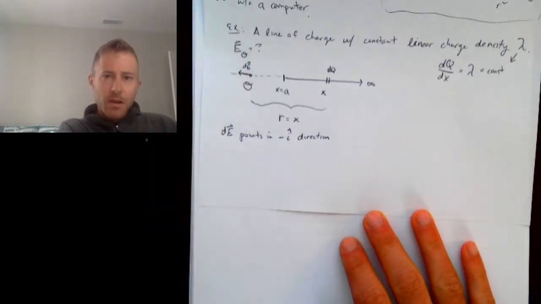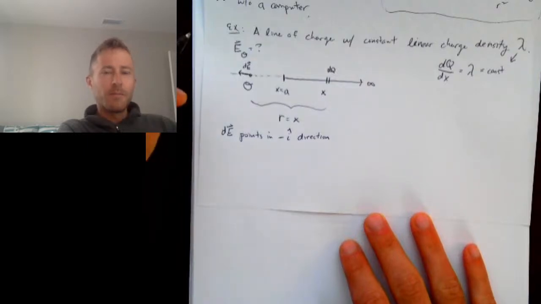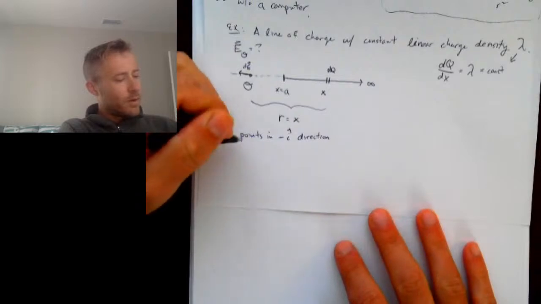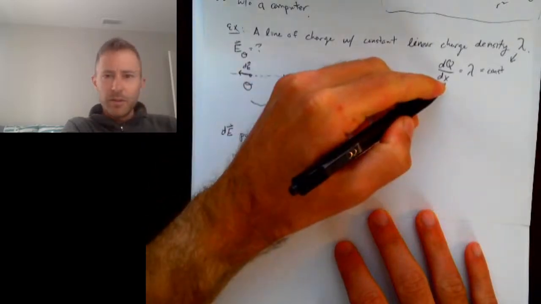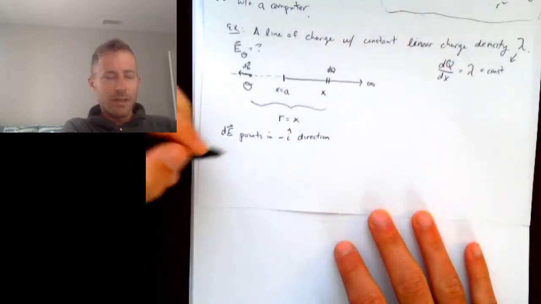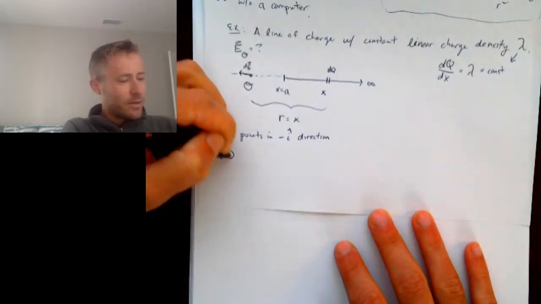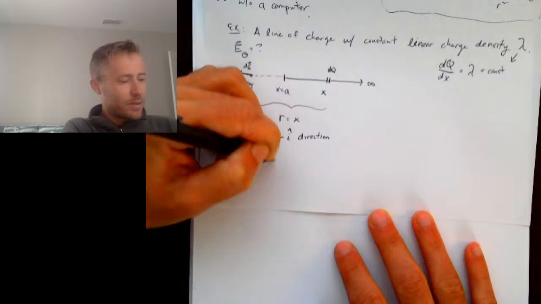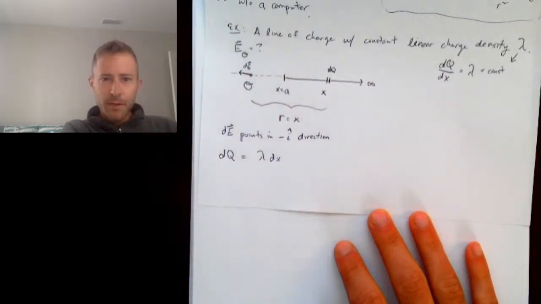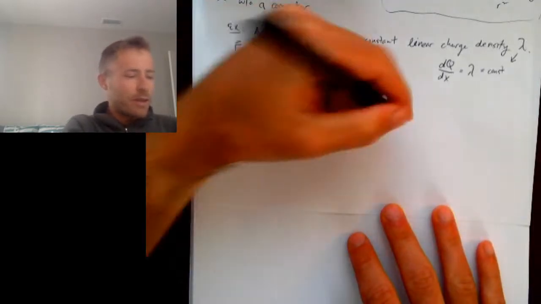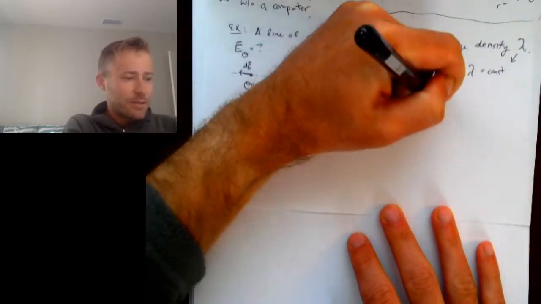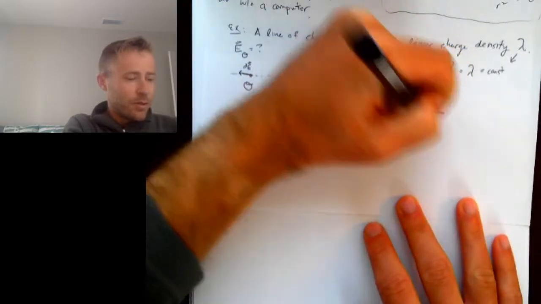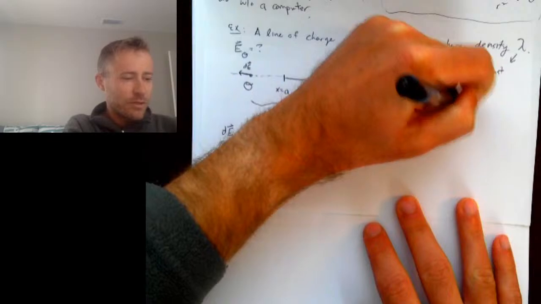Another thing we want to point out is that dq/dx equals lambda. We can multiply both sides by dx, and we get that dq equals lambda dx. So let's go ahead and write dE. I know that dE is k dq over r squared times the direction vector.